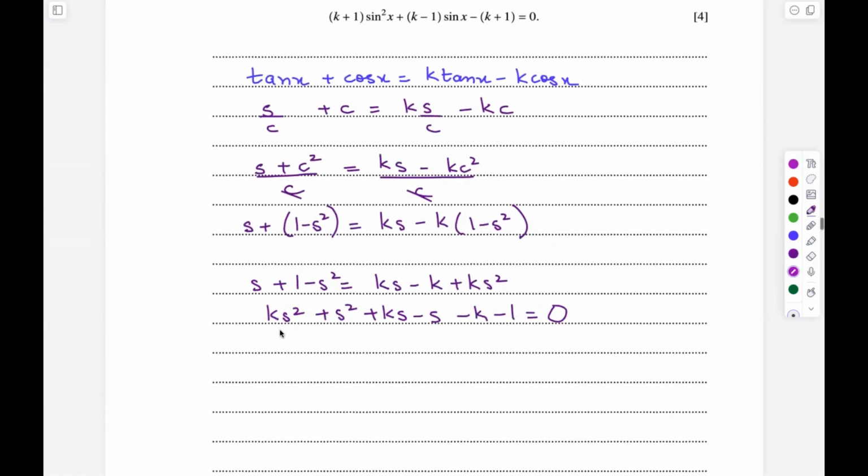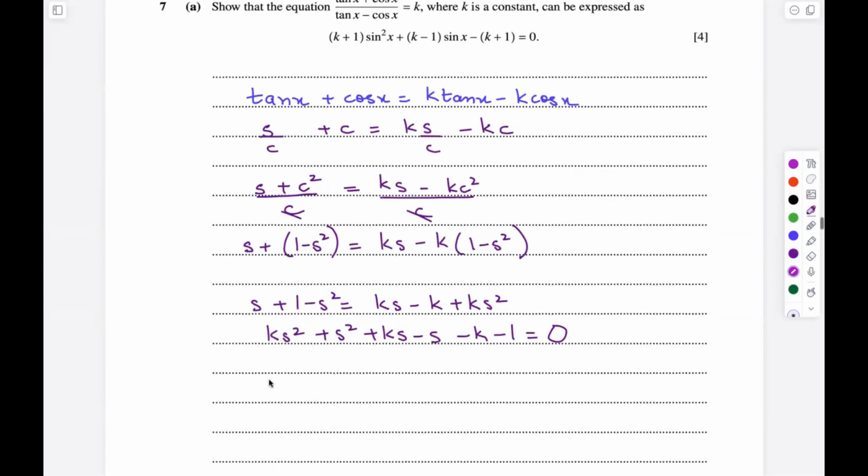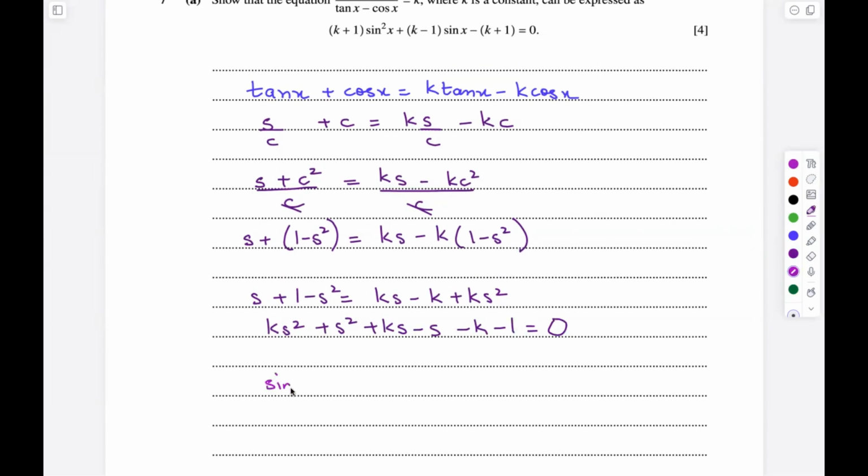Now taking sin²x common, this will become (k + 1). Taking sine common, this will become (k − 1). And if we take negative 1 common, this will be written as (k + 1) = 0, which was the expression that we had to prove.